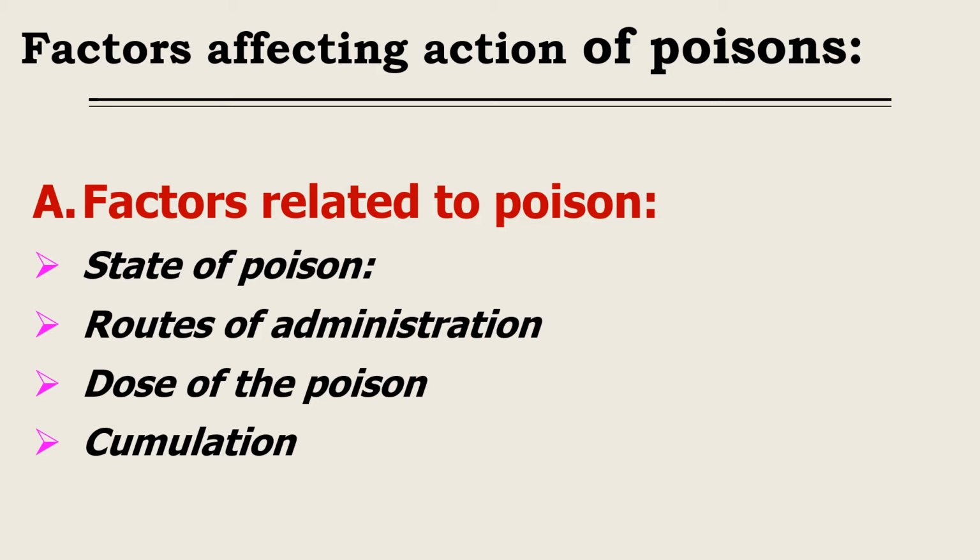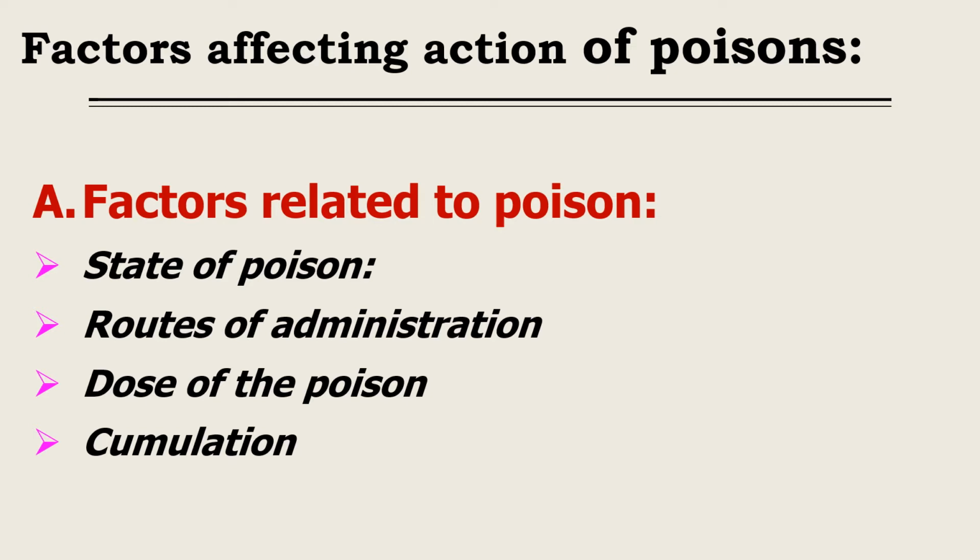If we take the substance by inhalation, it will go directly to the lung, and then after oxygenation it will go to the left side of the heart, to the aorta, to the systemic circulation. So we skip half of the cycle. So the inhalation route is the most rapid route of administration, followed by intravenous and intramuscular injection.